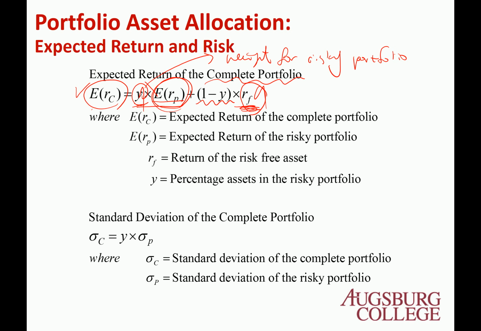Now, the standard deviation of the complete portfolio: the general formula has Y squared times the risky portfolio variance, plus 2 times Y times 1 minus Y times the standard deviation of the portfolio, the standard deviation of the risk-free asset, and the correlation between the portfolio and the risk-free asset.